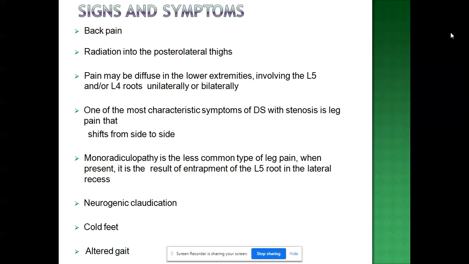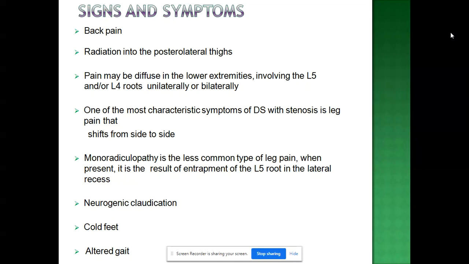The pain and the symptoms can shift from one side to the other side. Monoradiculopathy is the less common type of leg pain. When present, it is the result of entrapment of the L5 root in the lateral recess. So monoradiculopathy means only one side of the nerve root is compressed and that is giving radiation to the leg, thigh muscles, leg muscles as well as the sole of the feet.